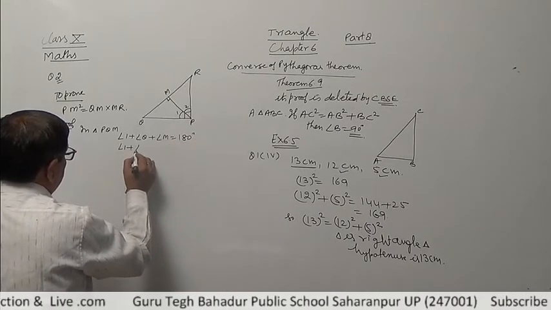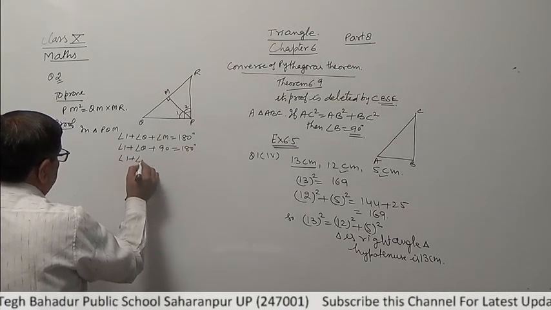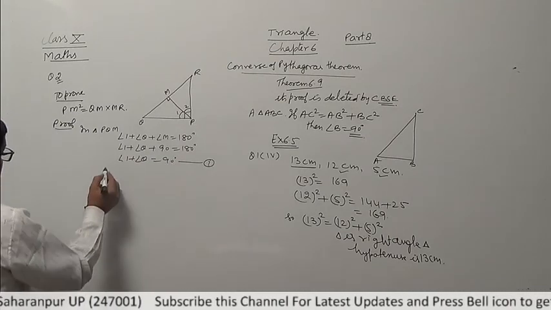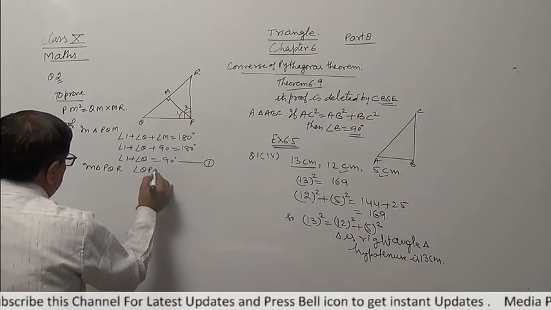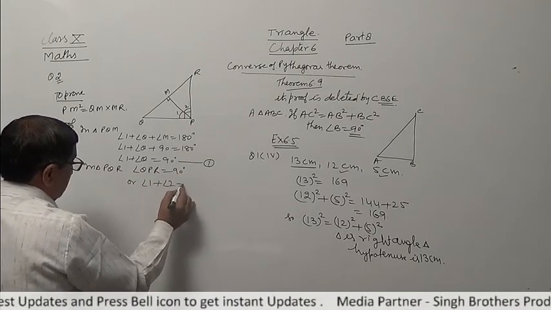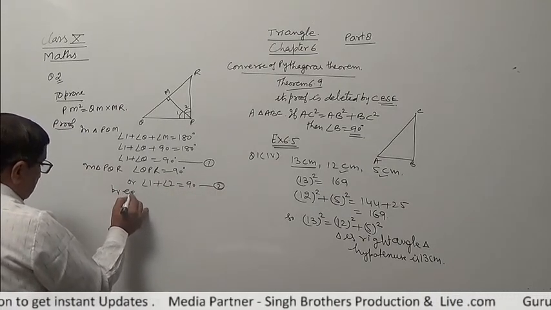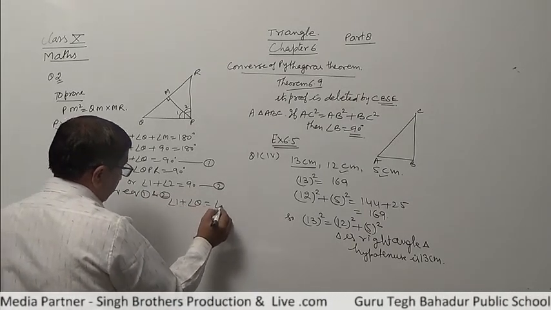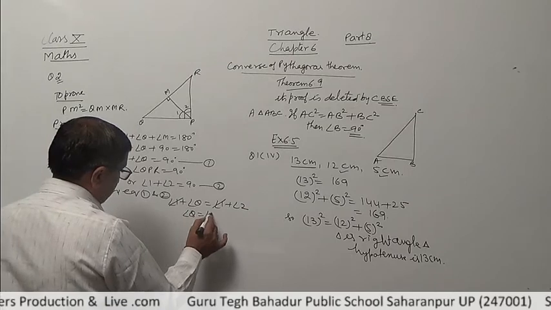So angle 1 plus angle Q plus 90, angle 1 plus angle Q is equal to 90 degree. In triangle PQR, angle QPR is equal to 90 degree, or we can say angle 1 plus angle 2 is 90 degree. By 1 and 2, angle 1 plus angle Q is equal to angle 1 plus angle 2, angle Q is equal to angle 2.